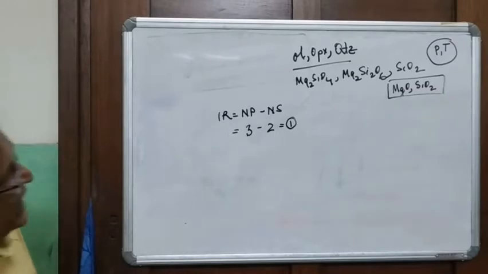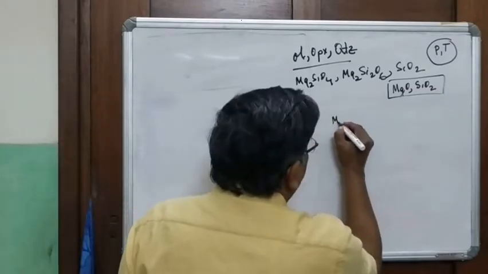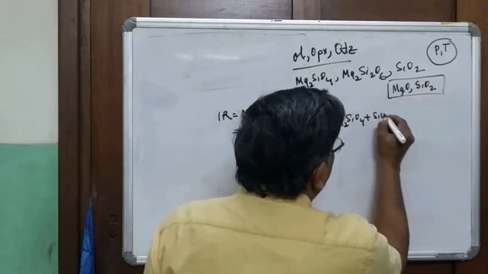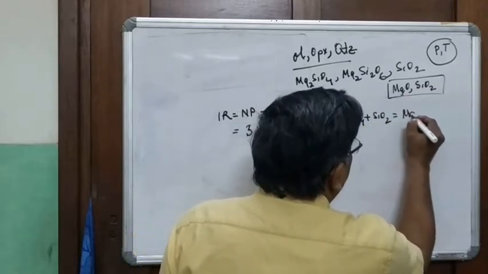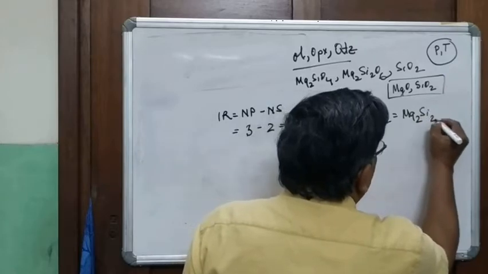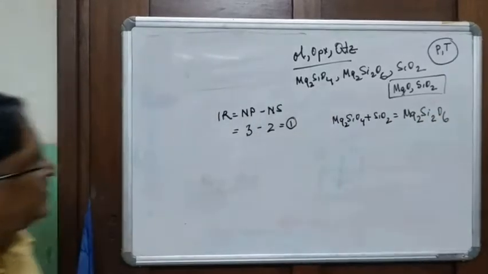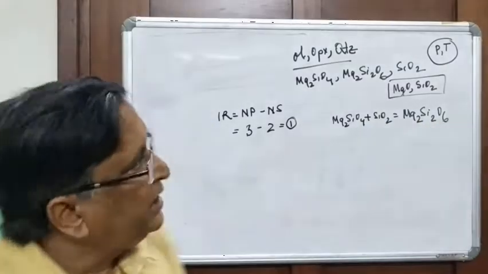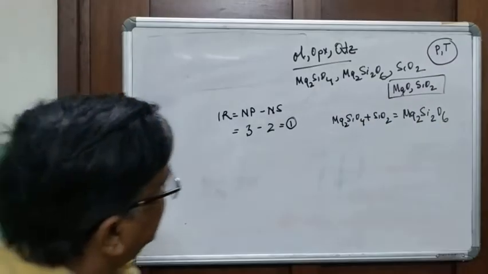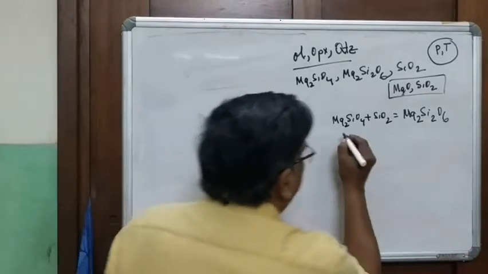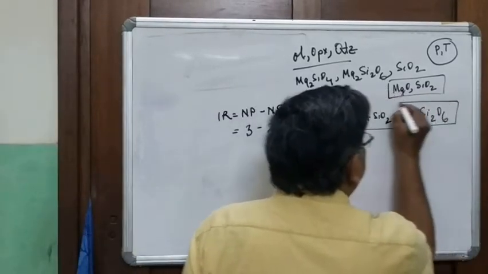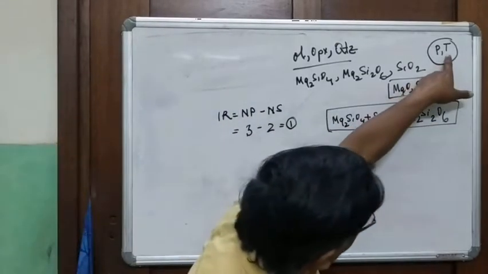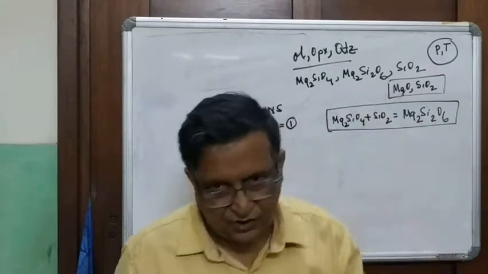Simple. What is the reaction? Mg2SiO4 plus SiO2 is equal to Mg2Si2O6. That's the equation that you get. You will have only one reaction, and this is the reaction. So we have two metamorphic variables, but one reaction.